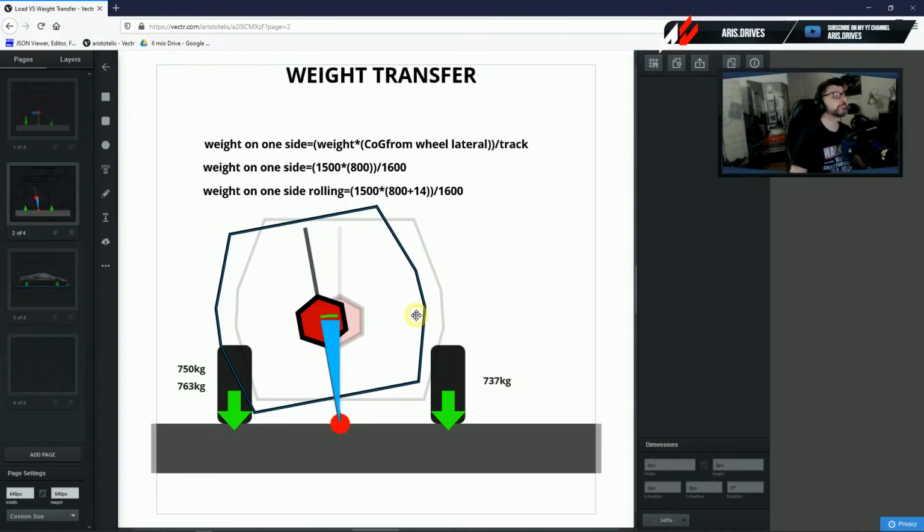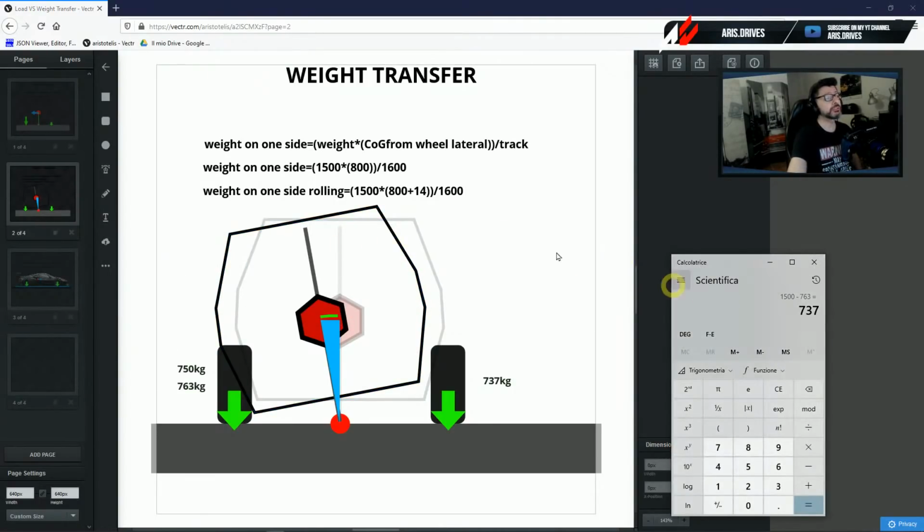So, for example, if you have 1,500 kilos of street car, and usually all street cars are even more, so let's say 1,600 kilos, and you have a shorter wheelbase, so you have something like, I don't know, 1,500 millimeters, and you have 10 degrees of roll.